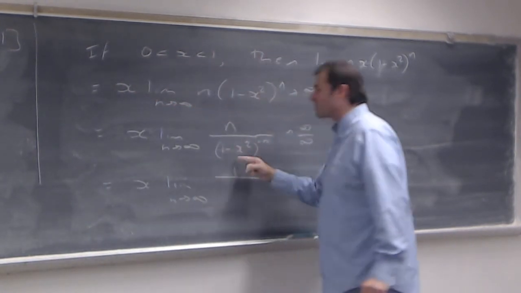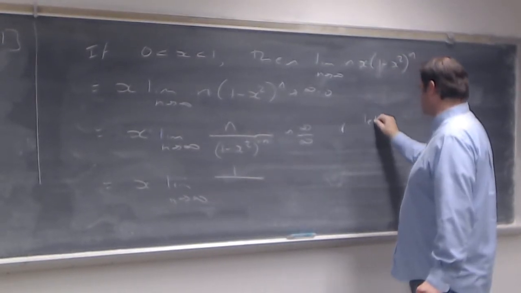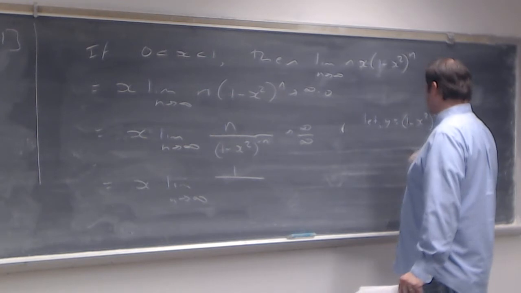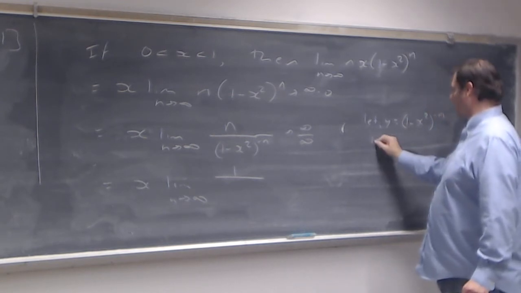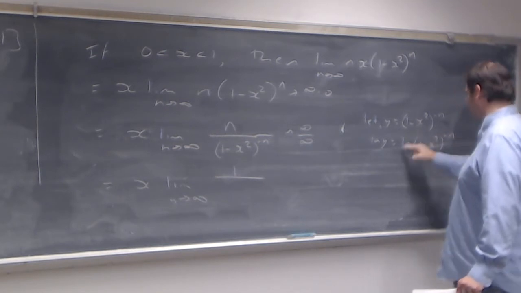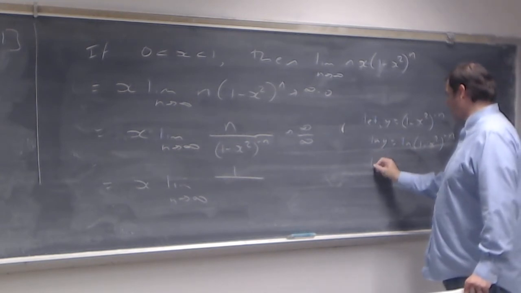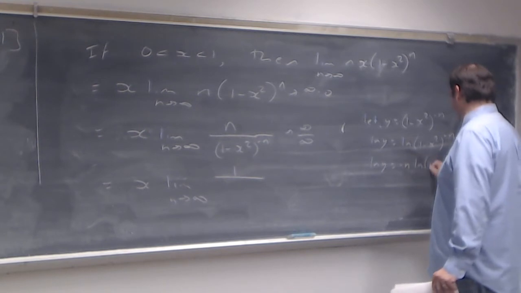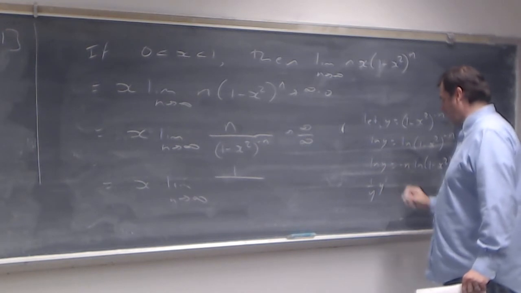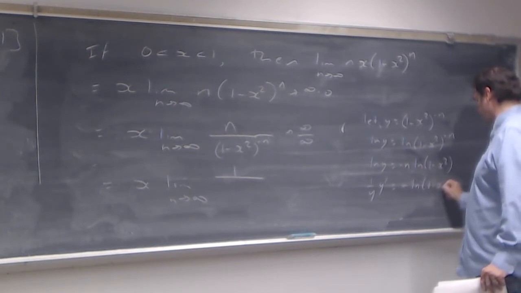I'm not going to show logarithmic differentiation, but essentially you'd let y be equal to (1 minus x squared) raised to the minus n, and then ln of y is equal to ln of (1 minus x squared) raised to the minus n. You bring down the minus n, then you differentiate both sides. So ln of y is equal to minus n times ln of (1 minus x squared), and then that says that 1 over y, and we're doing the chain rule here, times y prime is equal to minus ln of (1 minus x squared).